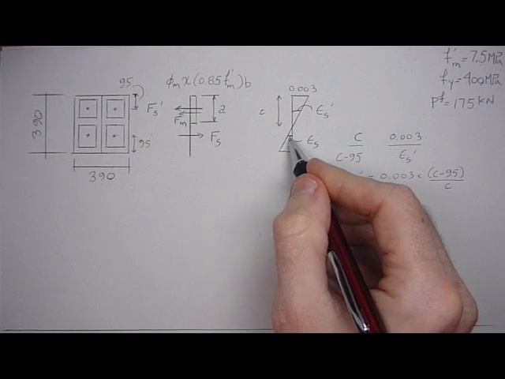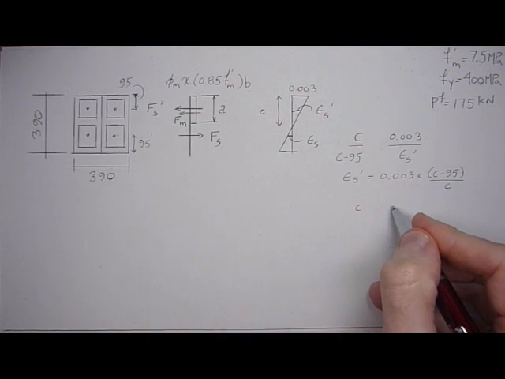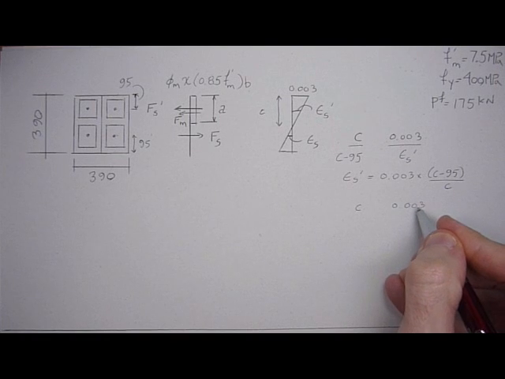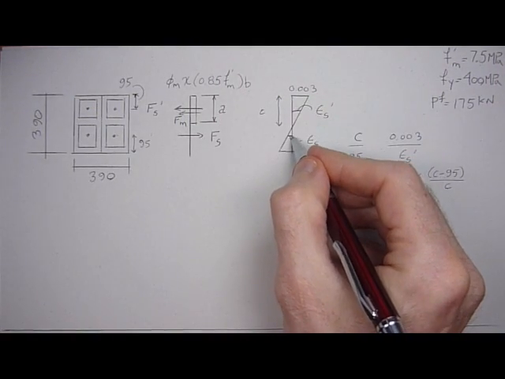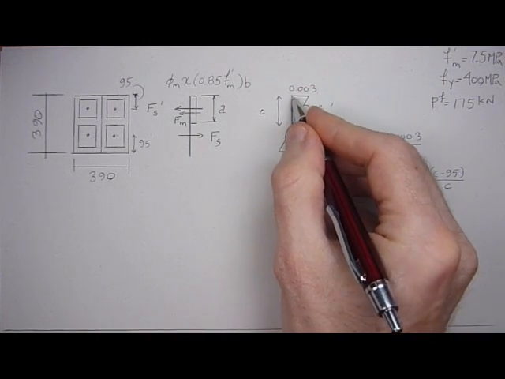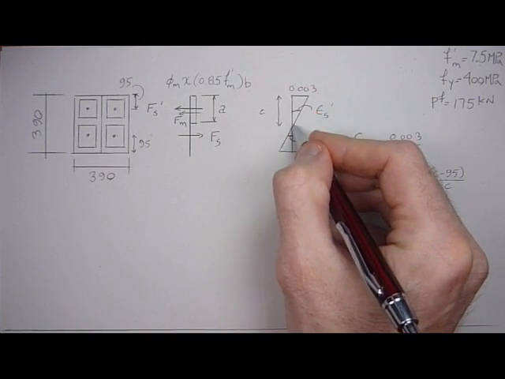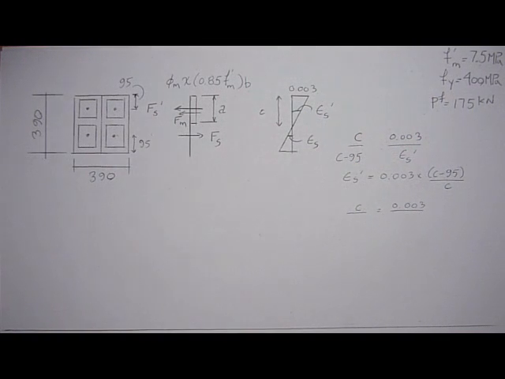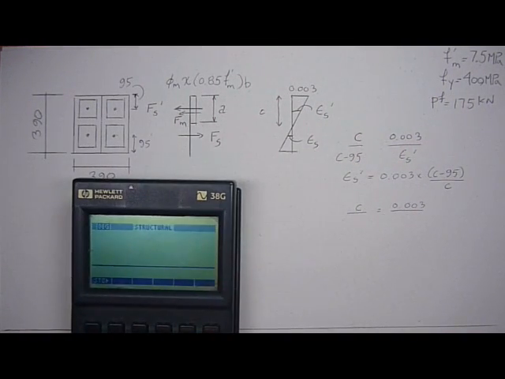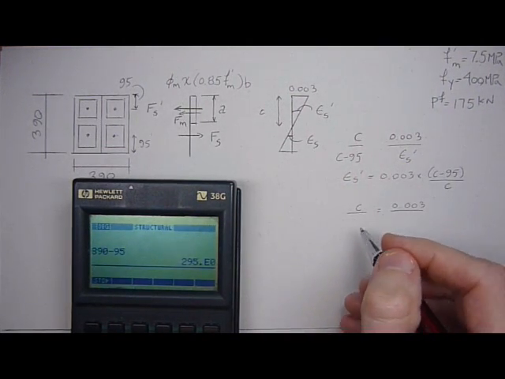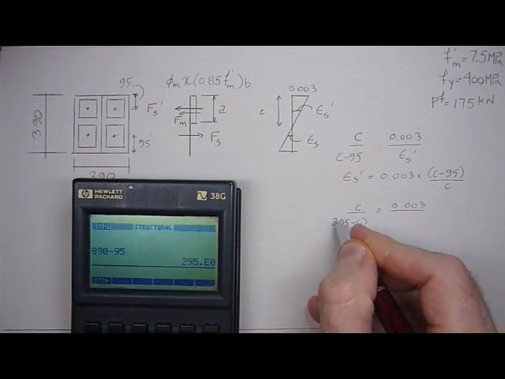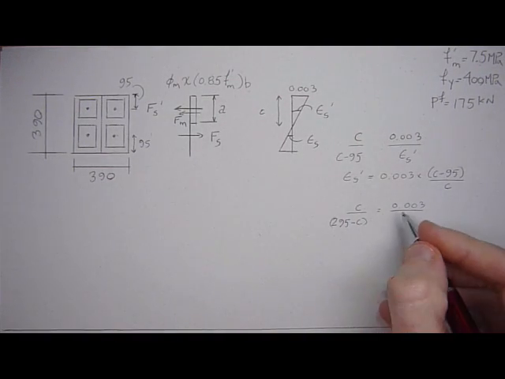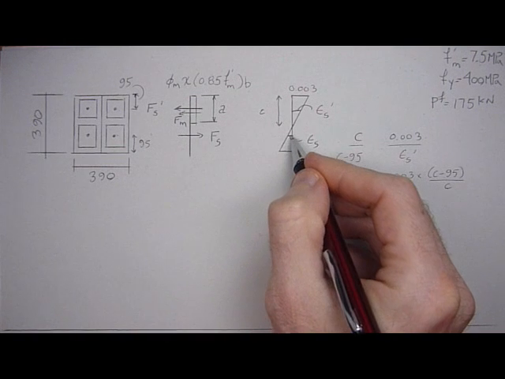And we do the same thing for the strain in the steel. We can say C is to 0.003 what this distance is from here to here, which is d minus C, and d is 390 minus 95, so that's 295 minus C, is to the strain in the steel.